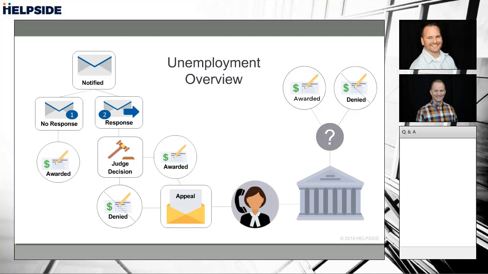And on this note too, so that's the overview of how it works. Now, we get calls quite often from our clients saying, hey, I don't want this to affect our rates. So on this part, if you don't want your rates to increase, you do want to try to fight as many unemployment claims as possible, because the way that the rates are increased is the state has a formula.